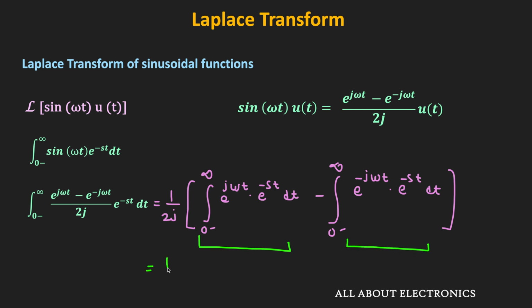So we have seen that the Laplace transform of the function e to the power j omega t is equal to 1 divided by s minus j omega, and similarly the Laplace transform of e to the power minus j omega t is equal to 1 divided by s plus j omega.